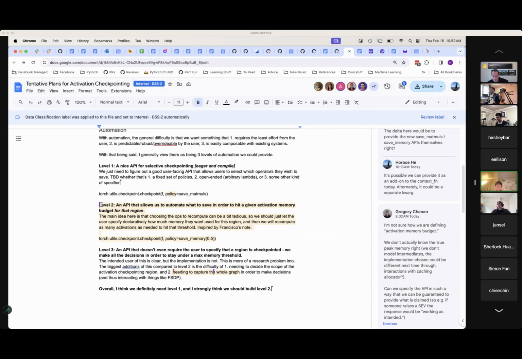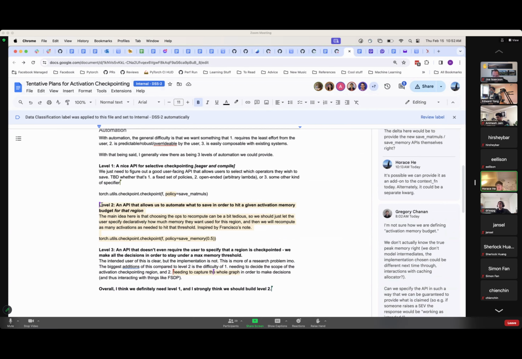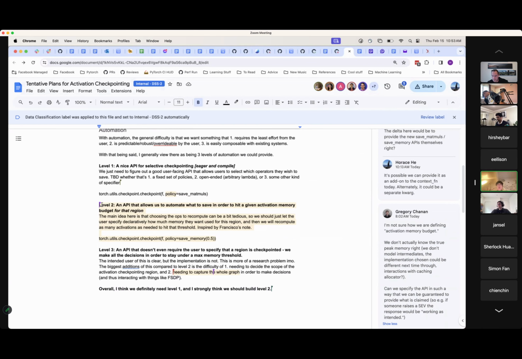The decision we're trying to make here is: is it worth investing more in activation checkpointing APIs that require no graph breaks in the middle of the region? Or do we care a lot about supporting graph breaks in the middle of the region?